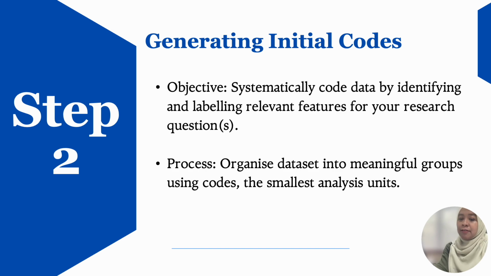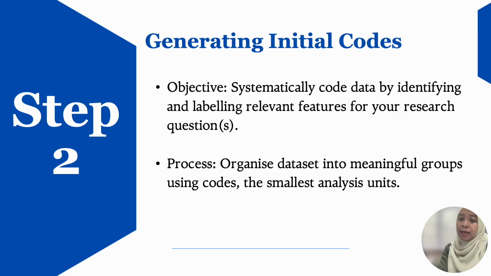The process involves working through the entire data set, whether it's interview transcripts, focus group discussions, or any other qualitative data, organizing it into meaningful groups using codes. These codes are the smallest units of analysis, and they help you categorize the data based on patterns or repeated ideas that emerge.